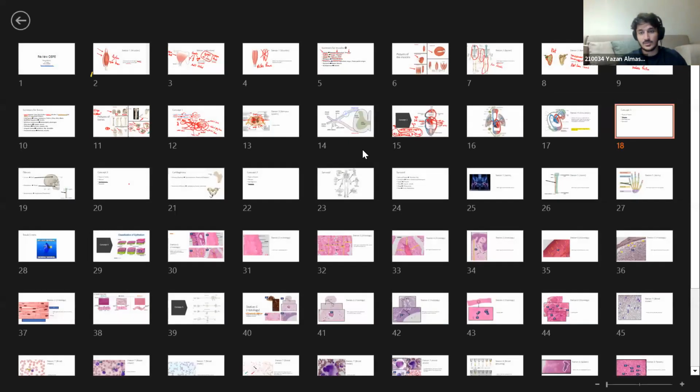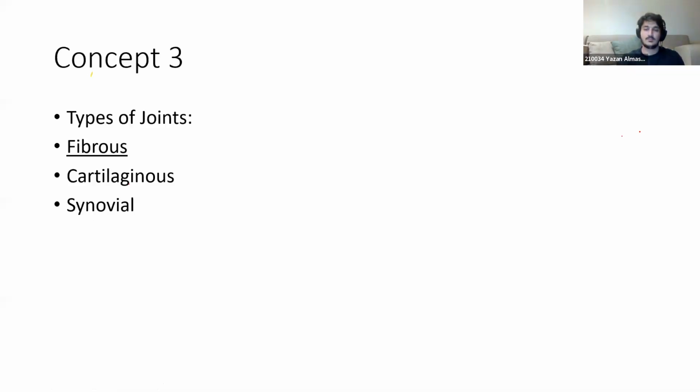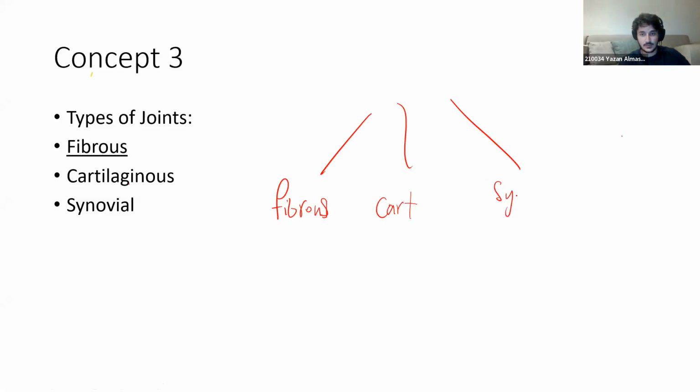Okay, so again, we have three types of joints: fibrous, cartilaginous, and synovial. Fibrous is the one that doesn't move at all.